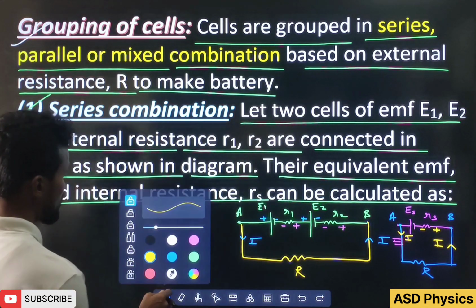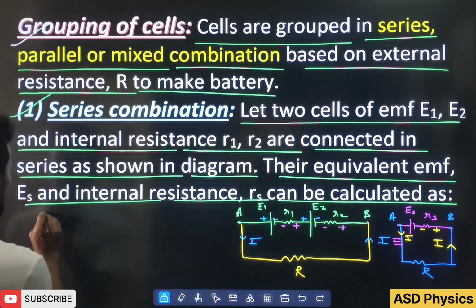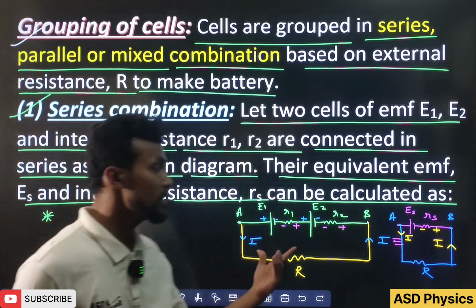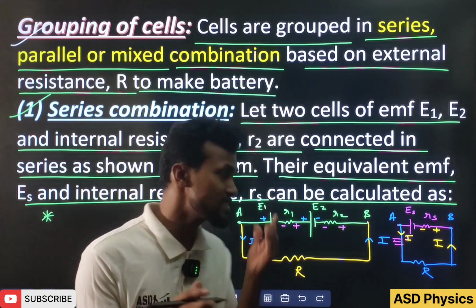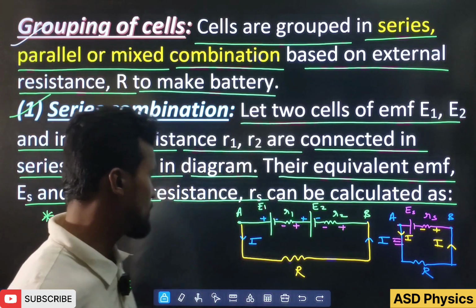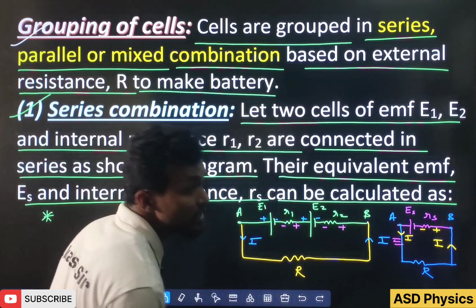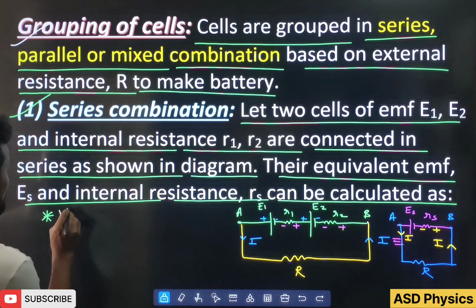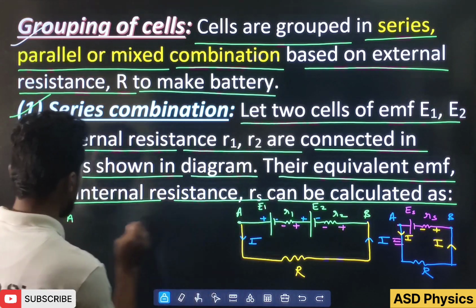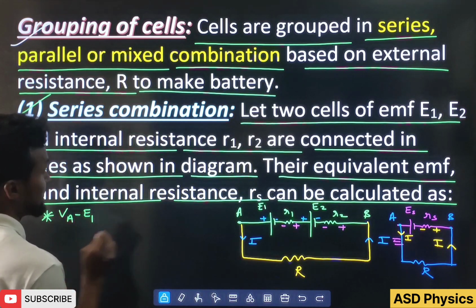Okay students, so here first we are going to talk about this cell, and we are going to write the potential difference across the cell, that means the terminal potential difference. From the KVL we can write: start with VA, and the second polarity minus E1.